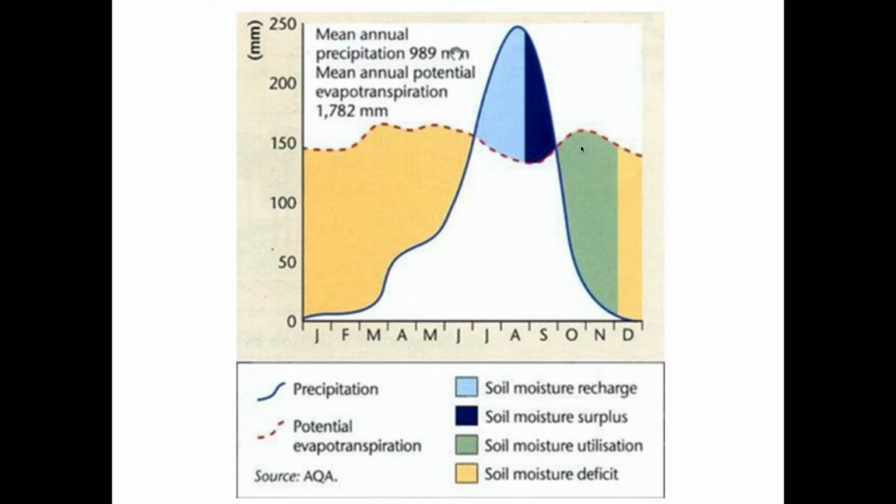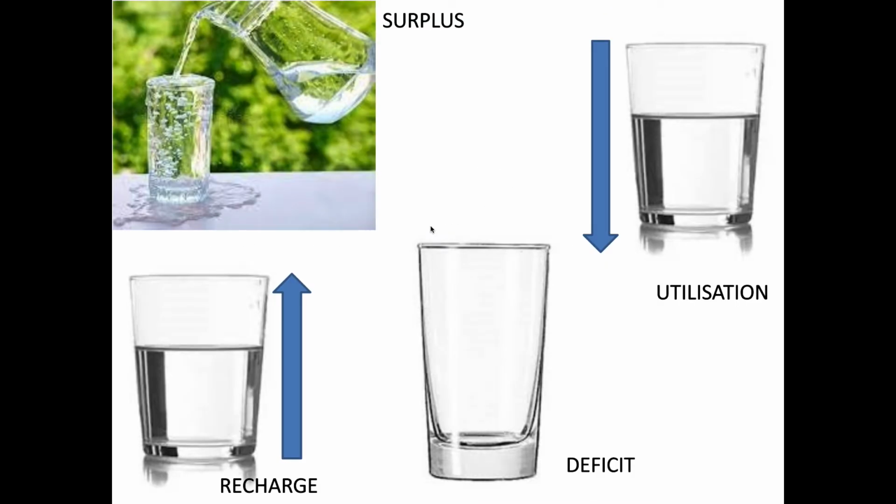The amount of water in your drainage basin is going down and down until they get to December and they have run out of water. Their drainage basin is dry. And then we get to July, whereby precipitation is higher than evaporation and everything can fill back up again and you go into surplus. So there is a sequence to this.